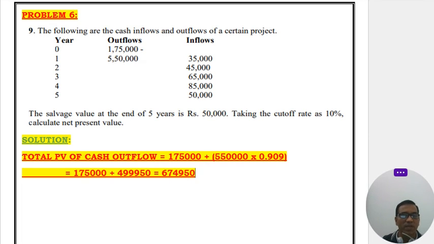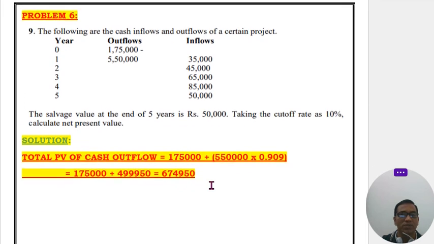Till now we were directly taking the cost of the project only at 0 year, but in this problem you have one more outflow in year 1. Year 1 outflow is a future value. That future value you have to convert into present value. That's why the 550,000 is multiplied with the first year table value at the rate of 10%. So 674,950. And now for NPV we need PV of cash flows.